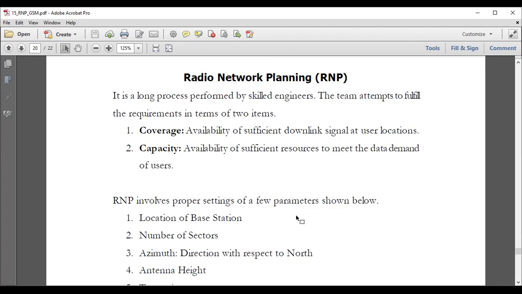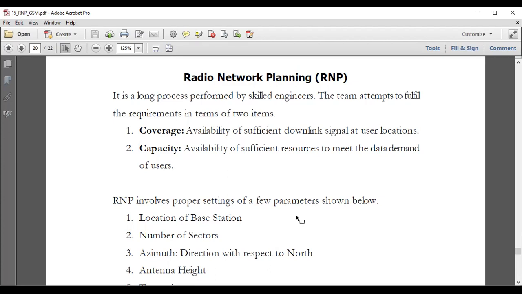Well, there are actually twofold targets: coverage and capacity. And this whole job is called radio network planning, or RNP, and the skilled engineers work very hard for several months to prepare the RNP for the deployment of an operator.